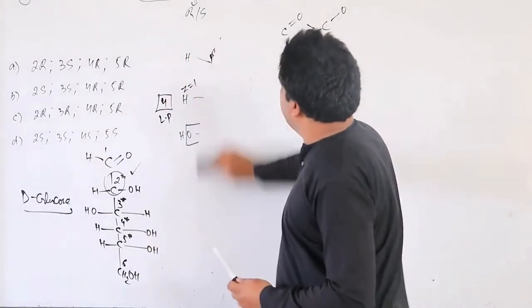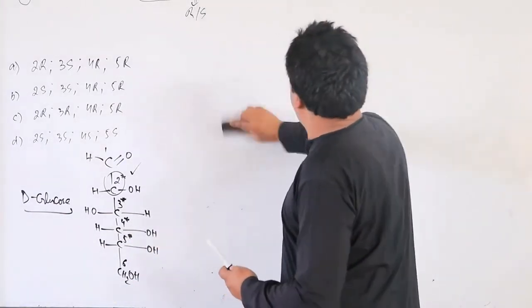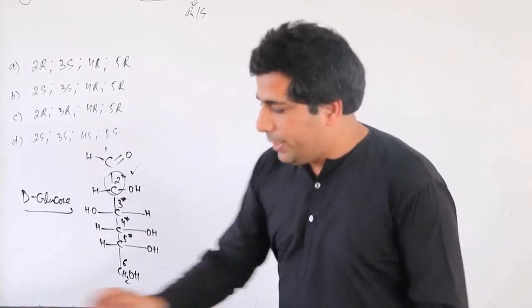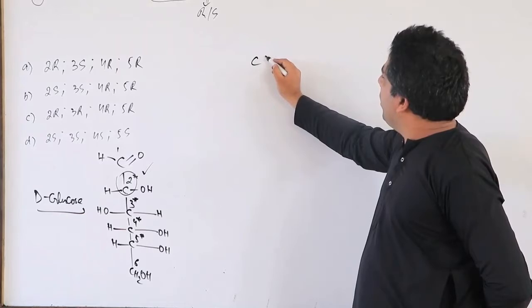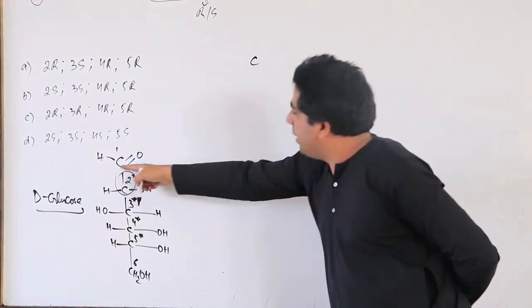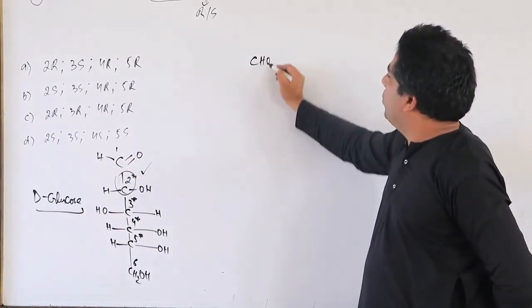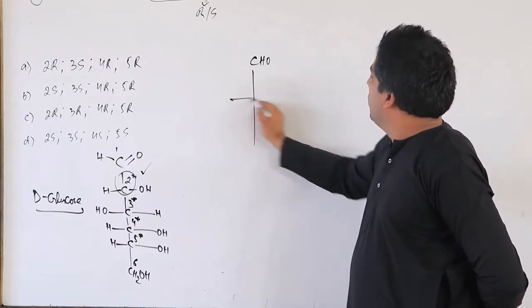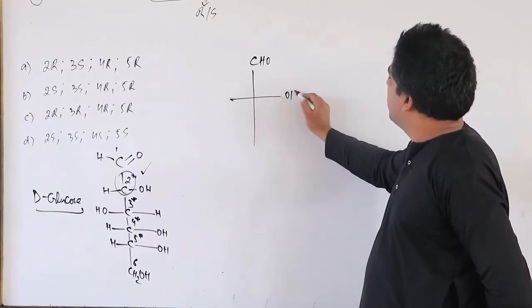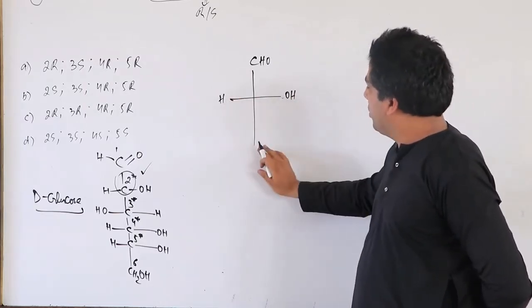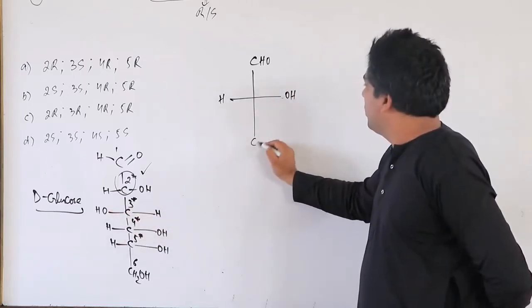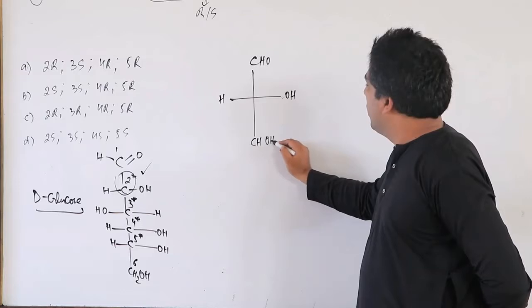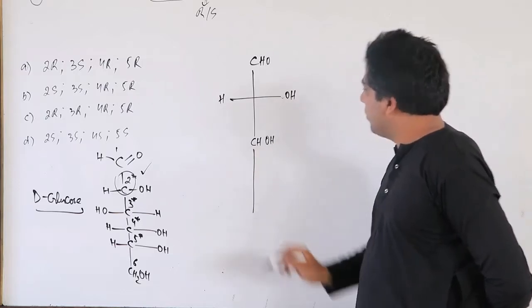So let us decide now here. My dear friends, let's write it down in a proper way now and see what the rotation will be. So we have here CHO, this is aldehyde, CHO. Now we have here OH and H, and finally we have here CHOH, and then the rest of the molecule is also there, correct?